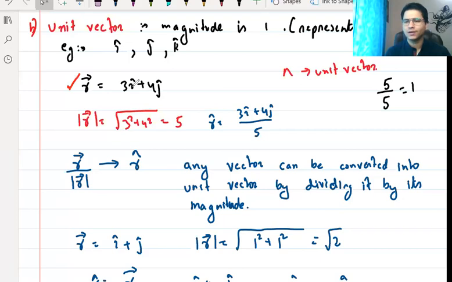This is a representation of the vector. Whenever there's i and j, it is just a representation. This mod, a kind of bracket, represents magnitude, which is the length of the hypotenuse. It is root of 3 square plus 4 square.